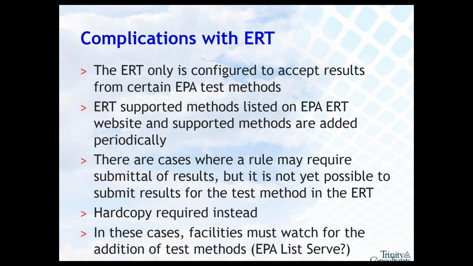There are only certain supported methods that can be submitted in the ERT. There might be a case where your rule says you need to submit this performance test for this pollutant using the ERT in CEDRI, but the ERT is not configured to accept that test method. So it does get a little bit more complicated, and we have seen that.